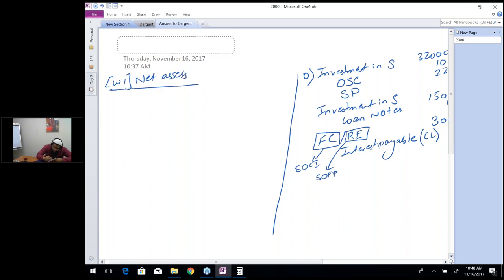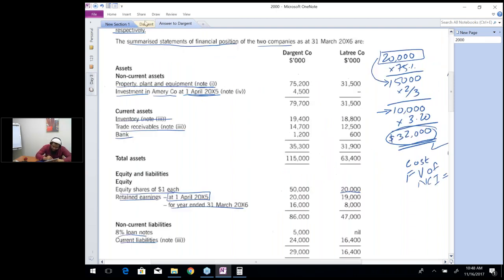And it has 2 columns, net assets at acquisition and net assets at balance sheet, and I'm going to write the entire equity section, which actually contains only 2 elements, share capital and the retained earnings.